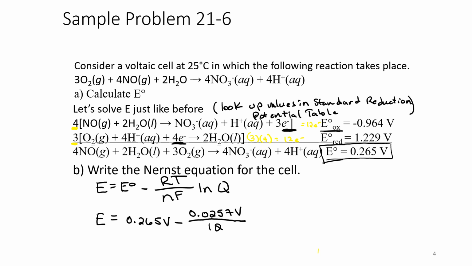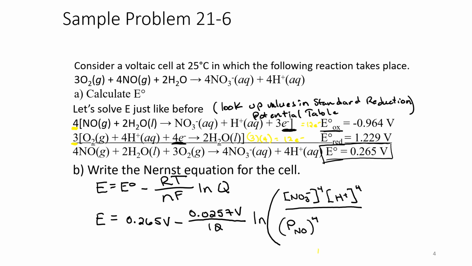To finish writing out the Nernst equation, I'm going to write out the natural log of Q, which is going to be products divided by reactants. And so I have the concentration of our nitrate raised to the 4th power times the concentration of strong acid raised to the 4th power, divided by the partial pressure of NO to the 4th power.